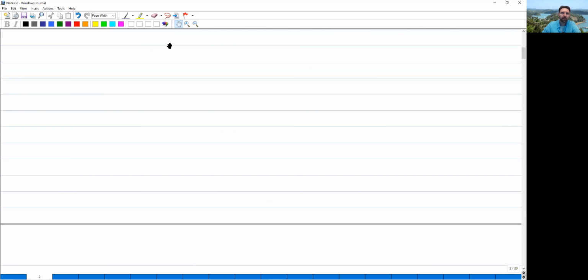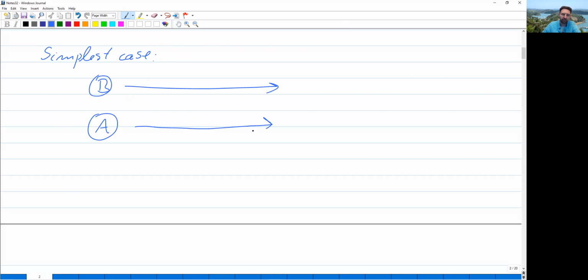And we start with the simplest possible case. And the simplest possible case is, of course, the case where our two systems start out unentangled and then they just happen not to interact. So consider this case, simplest case. Here we have a system B and a system A. And of course, we are going to work with the big Heisenberg cut here, but system B just evolves, system A just evolves, and no interaction.